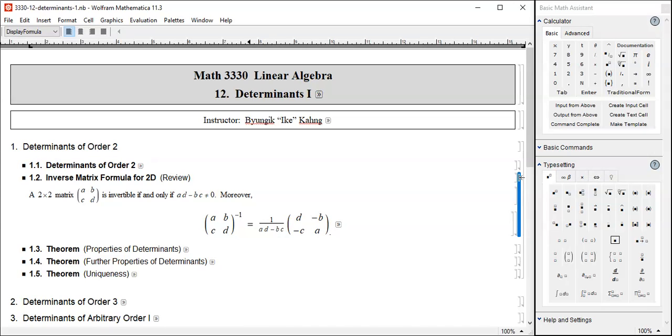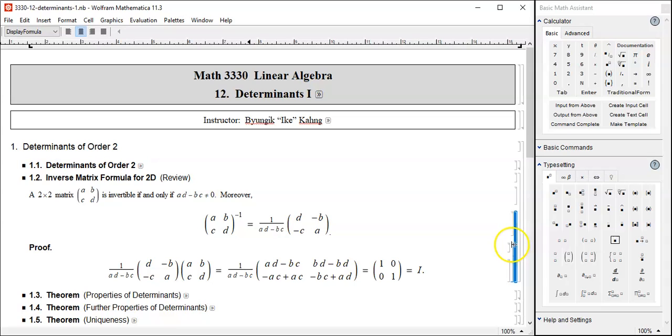A very important application of a determinant is the inverse matrix. So the inverse formula for a 2 by 2 matrix goes like this: 1 over AD minus BC, and then this matrix here. Switch the principal diagonal and then negatives. How do you prove it? Well, just by brute force computation. This part is the candidate of the inverse matrix, and then we just do the matrix multiplication.